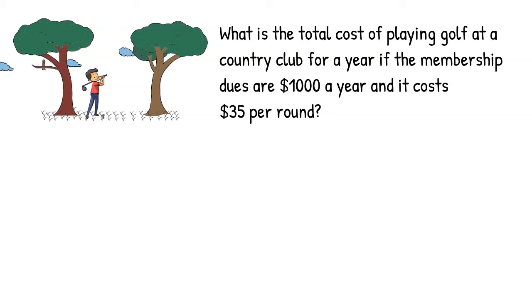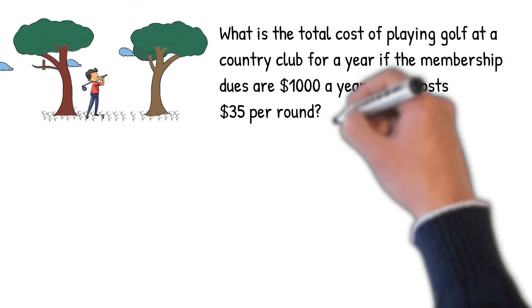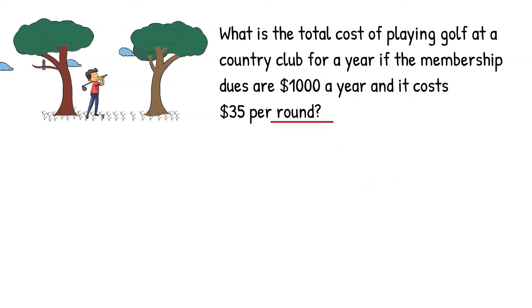Once again, let's attack this in reverse. Last thing it says is per round. How many rounds are going to be played in a year? This is unknown. If we play a lot of rounds, the yearly cost is going to be higher than if we play only 1 or 2 rounds in the year. Since we don't know, it needs to be assigned a variable, like R, for rounds played per year.